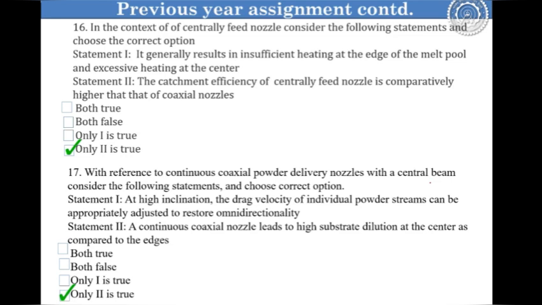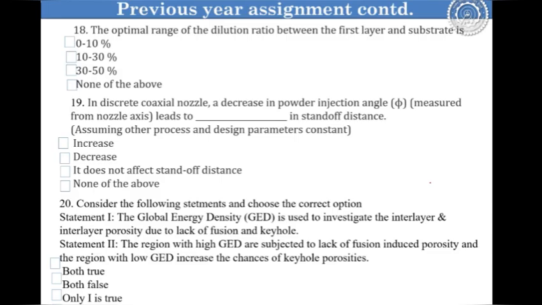The continuous coaxial nozzle leads to higher substrate dilution at the center compared to the edges. It's because of the type of the laser beam, intensity of the laser beam, and also the powder distribution at the focus point. The optimal range of the dilution ratio between the first layer and substrate is near 10 to 30%.